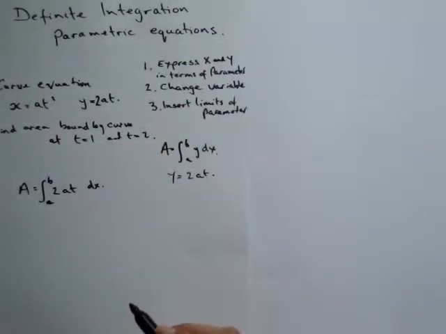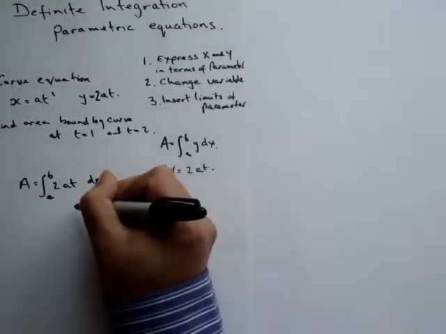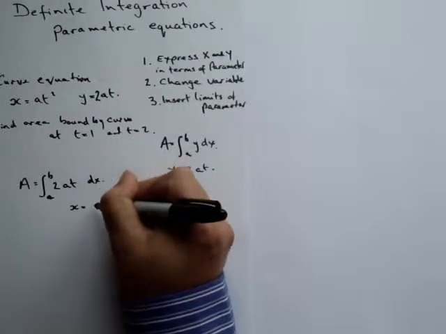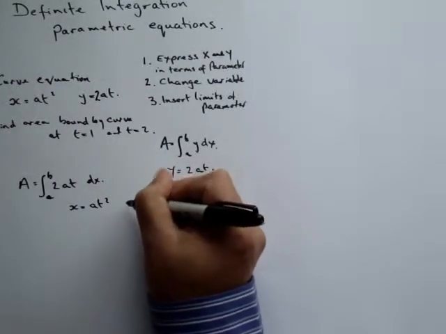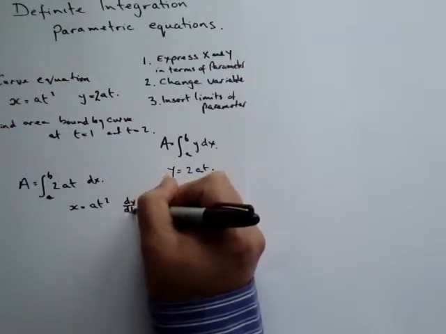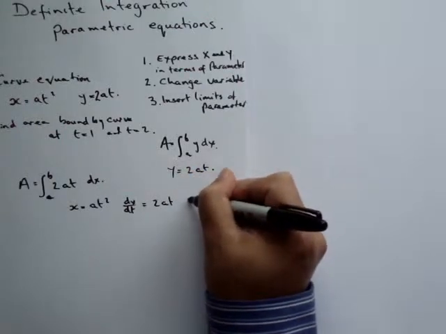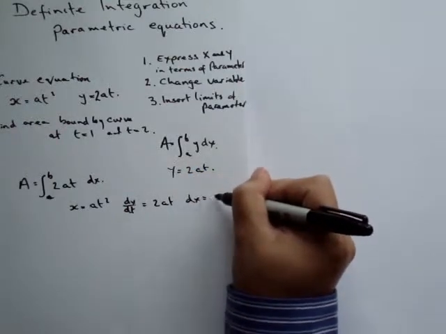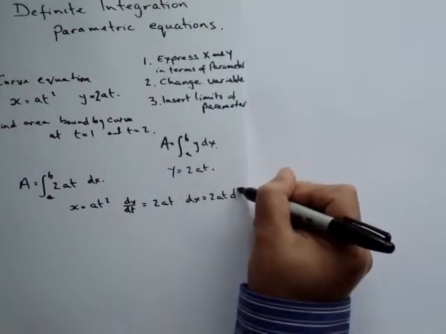So when we replace our dx, x equals at squared, and our dx over dt will then become 2at. Our dx is 2at dt.